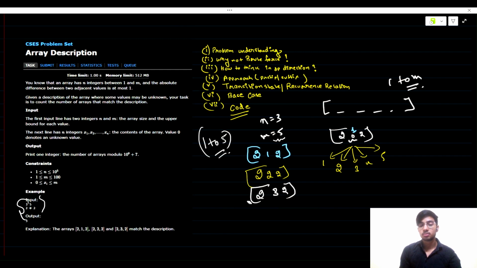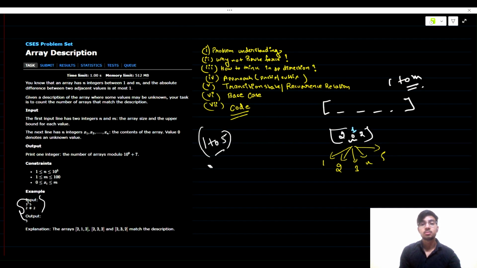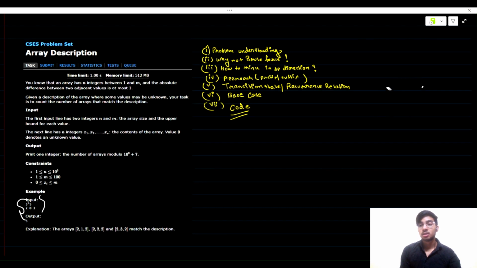Now let's see why we cannot apply brute force. You can see the constraint: the maximum n value can be 10 raised to the power 5, and the m value is 100.